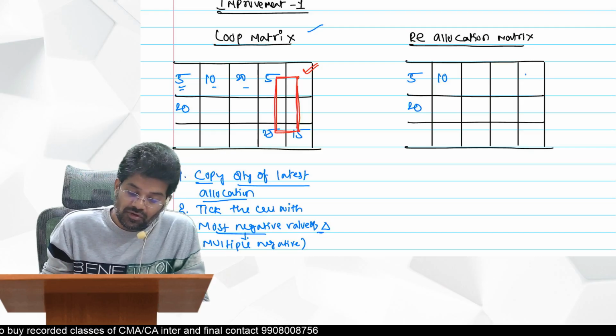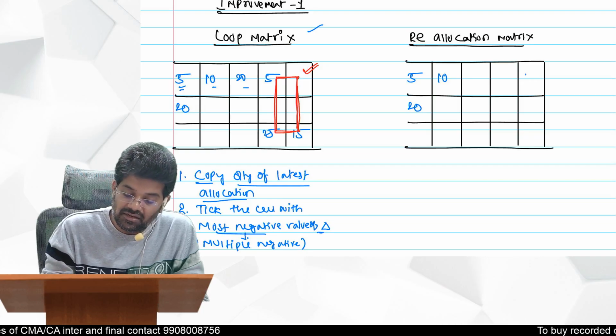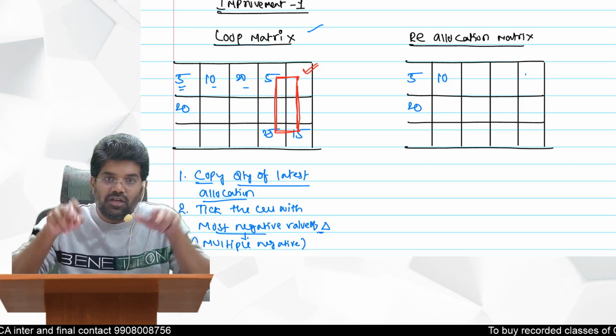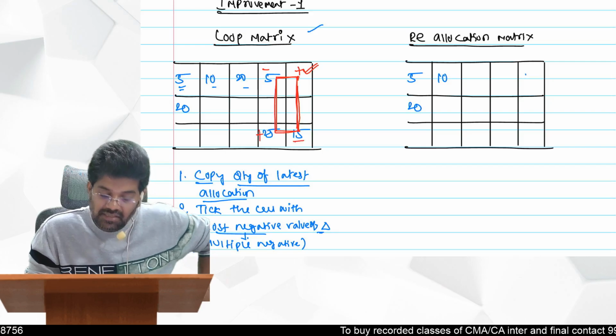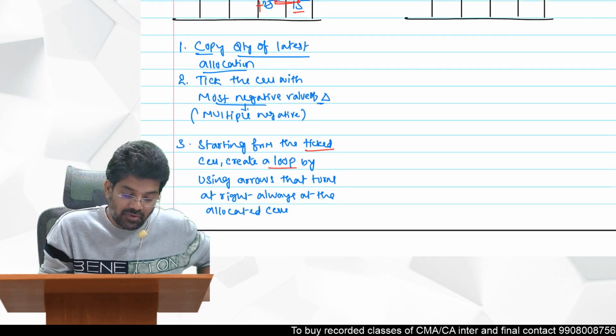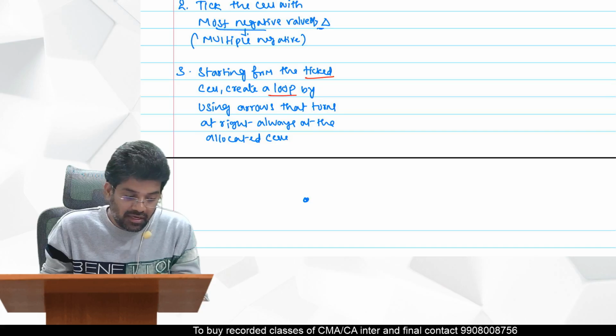Now what you do is put plus and minus symbols starting from here, the ticked cell. You have drawn a loop starting from the ticked cell, put plus here, then minus, plus here, then minus here. Okay, write that point. Fourth point here, what is the fourth point?